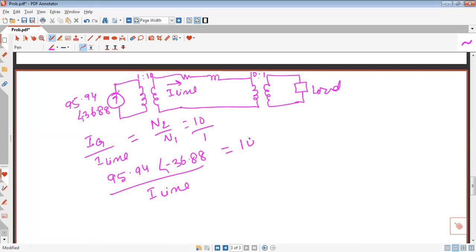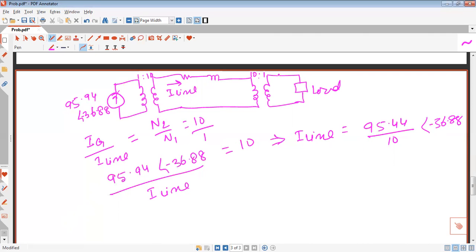So I line will be divided by 10. So we will get I line equal to 95.94 divided by 10, angle is minus 36.88 degree. So this value, the line current, is now known.